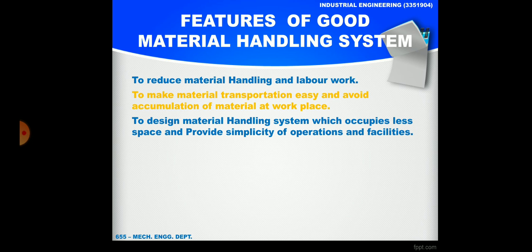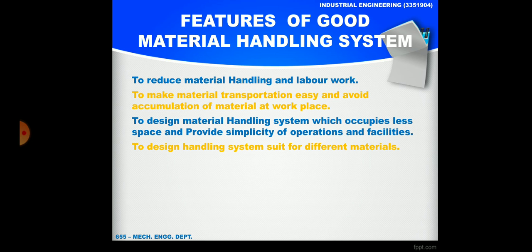To design a material handling system which occupies less space. With proper material handling, we can better utilize space. So it requires less space and provides simplicity of operation and facilities. It is also helpful for designing handling systems suited for different materials. In industry, different types of products are produced.